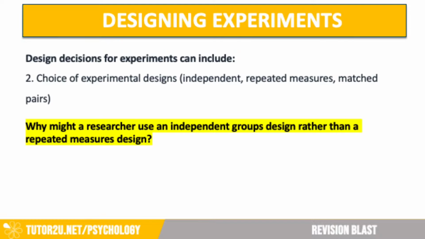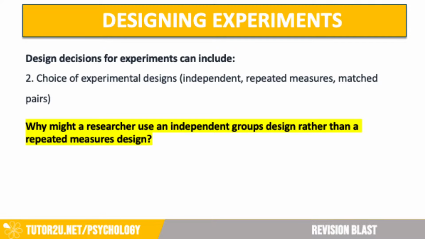Let's have a look at another question. So the choice of experimental design is important to consider as well. So for example, independent groups design, repeated measures, or a matched pairs design. So why might a researcher use an independent groups design rather than a repeated measures design? So hopefully automatically your mind is evaluating both of them and seeing why in some cases an independent groups design might be more appropriate.